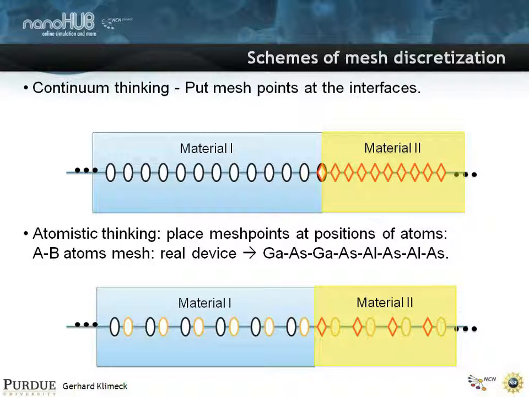You put the mesh points where the atoms are. That's a fundamentally different thinking of atomistic versus continuum. In continuum, you discretize where the changes are. In atomistic, you discretize where the atoms are. And the formulations, therefore, are slightly different.